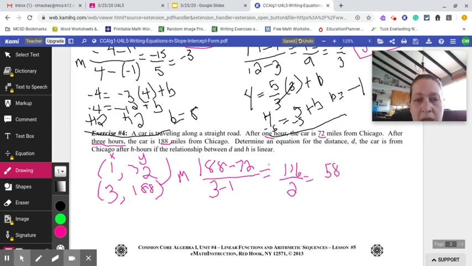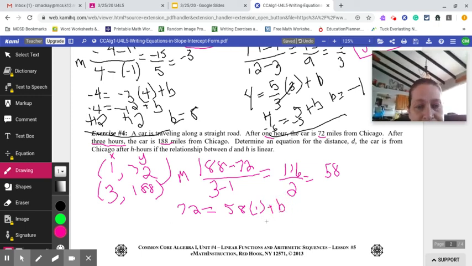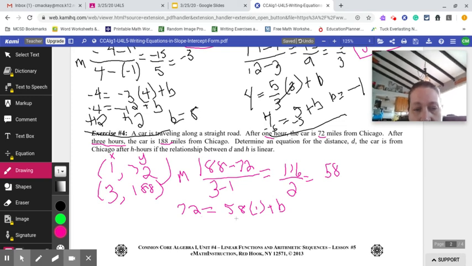Okay. So next thing we're going to do, take one of our sets of points. I'm going to use 1 and 72, and I'm going to go ahead and put that in my equation. So 72 equals 58 times 1 plus b. Okay. So we know that 58 times 1 is 58.